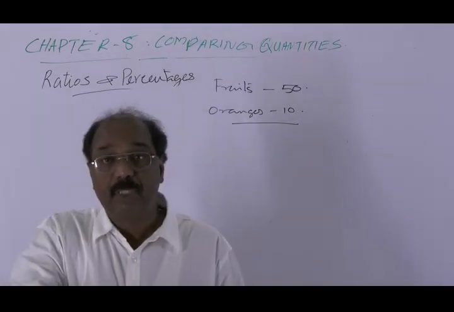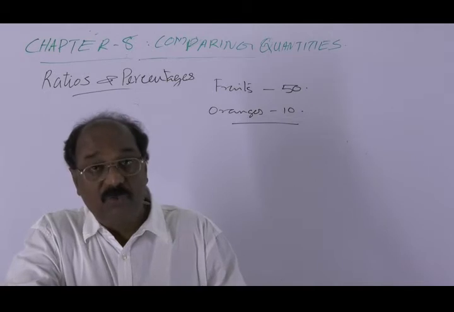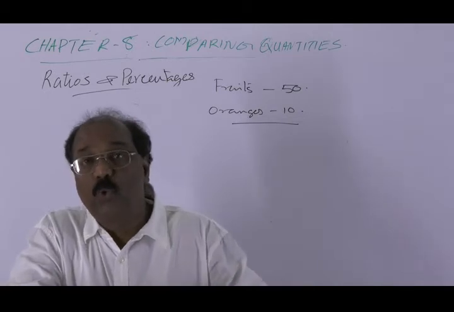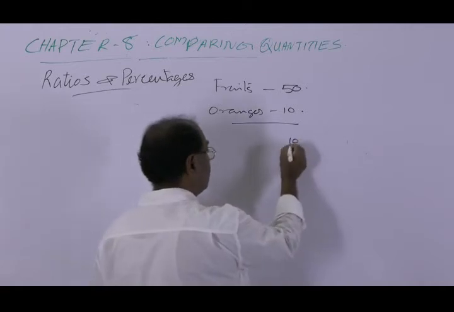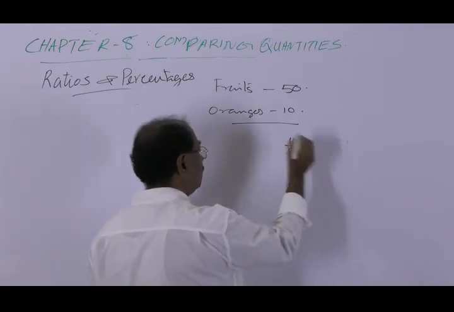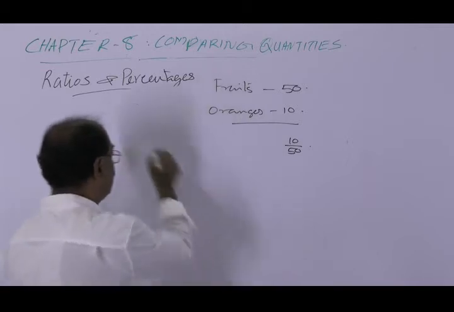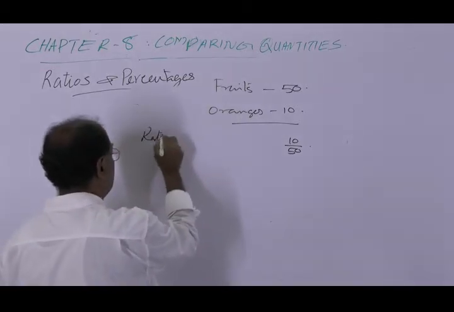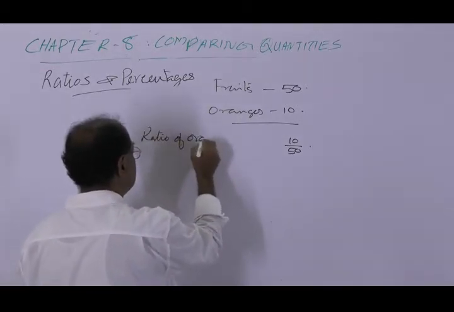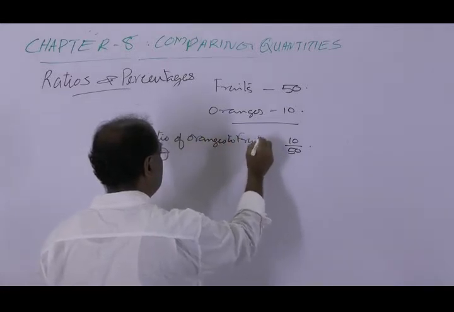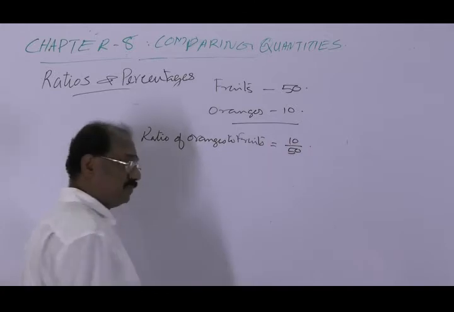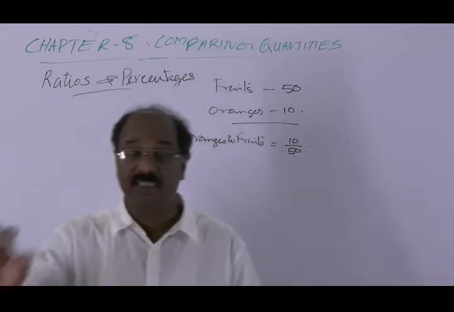Then, by saying ratio of oranges to fruits, we mean the fraction 10 by 50. Ratio of oranges to fruits equal to 10 by 50. We make this fraction.